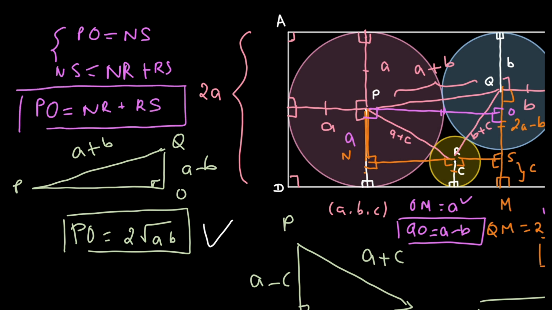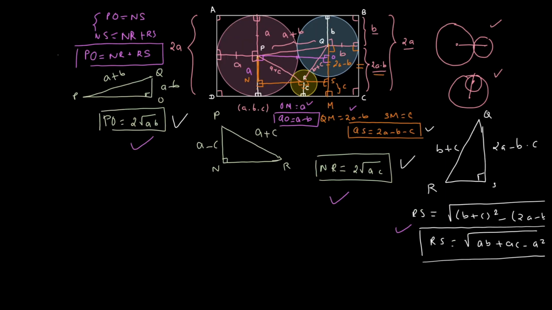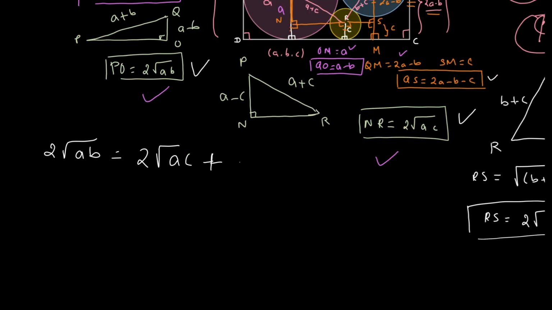Okay. Now recall the three lengths that we have just got. So now we can simply put the values of these lengths in this equation. So the length of PO, 2 times square root of AB, would be equal to NR, so 2 times square root of AC, plus the length of RS, that is 2 times square root of AB plus AC minus A square. Okay.